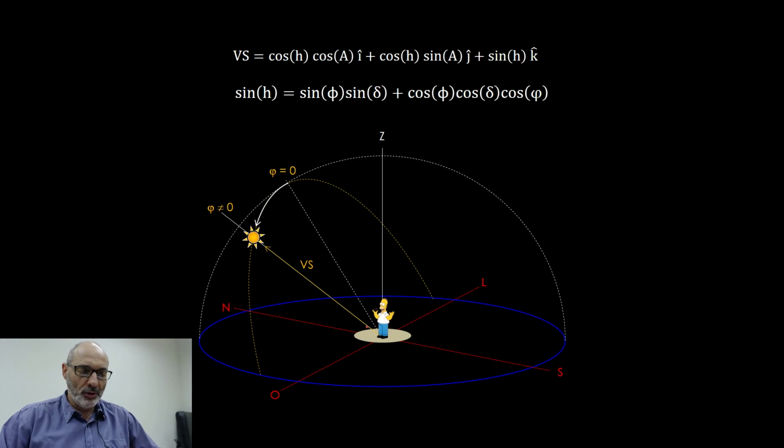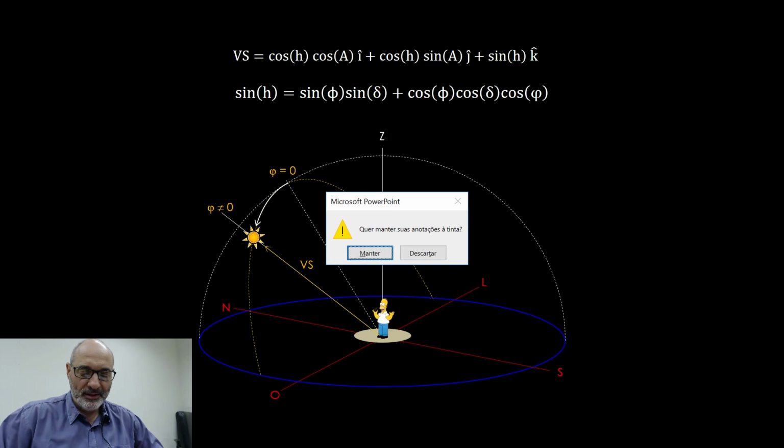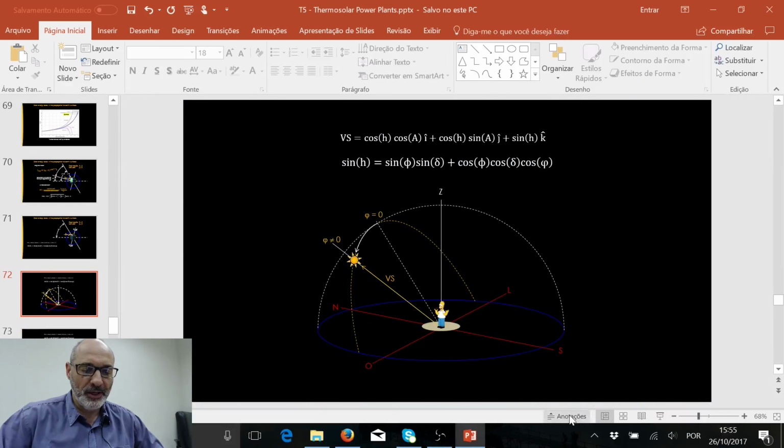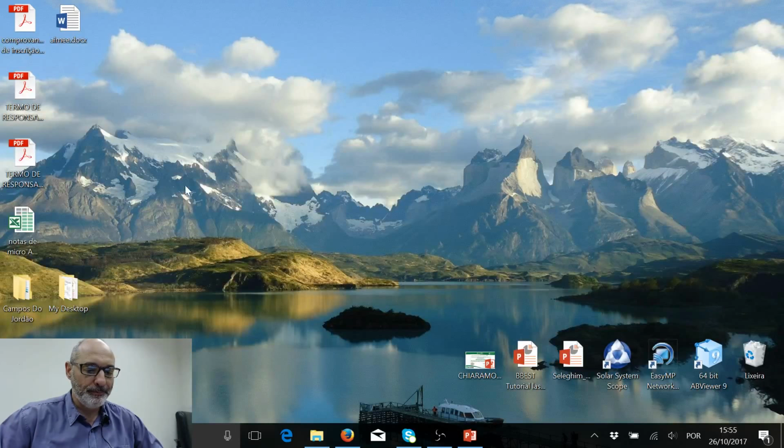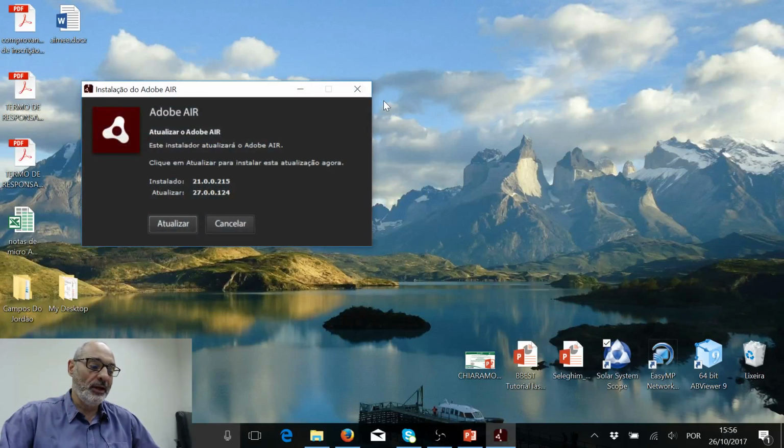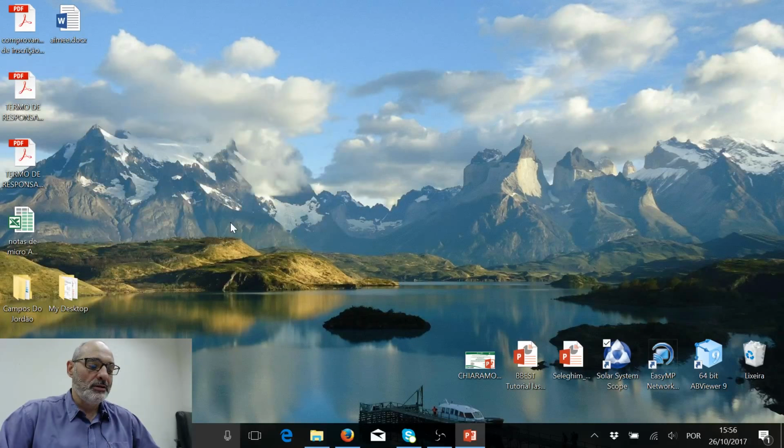Before going there, let me just show you some things. I forgot to do something. Let me just stop my presentation because I wanted to show you something. I have a simulator for the solar system, and I can show you the actual position of the planets in this simulator.